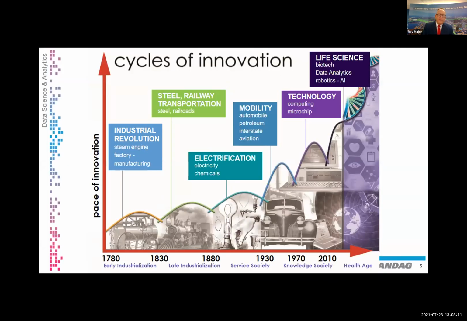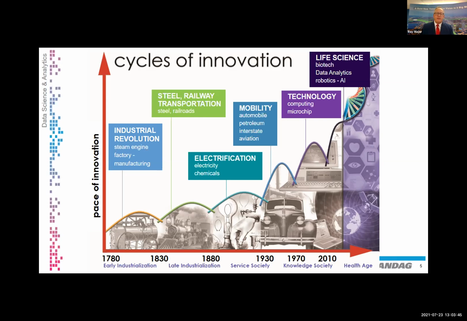So one of the things that's happened in the data and analytics field is that it's really come to maturity and fruition. And these are cycles of innovation. And I'm not going to go through all of these, but these are really what drove the economy for the last 200 years. And if you look at the inventions that happened during that time, they fundamentally changed the way that we live, the way that we interact with everything. The last big wave of technology was the whole computing field and microchips.